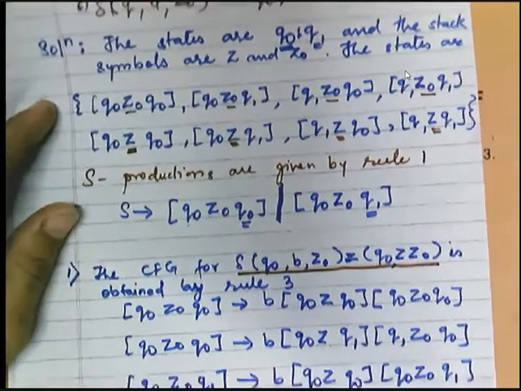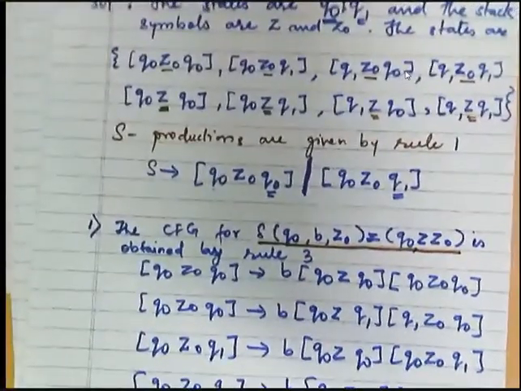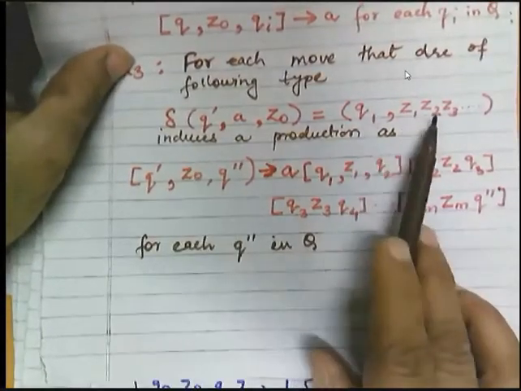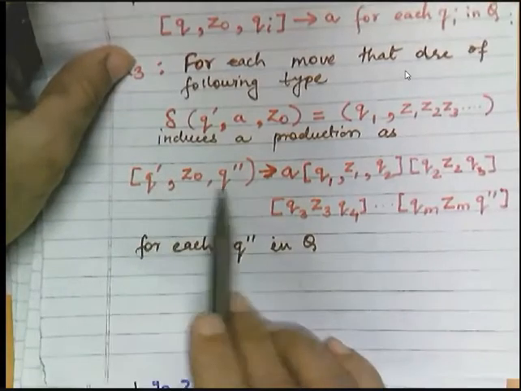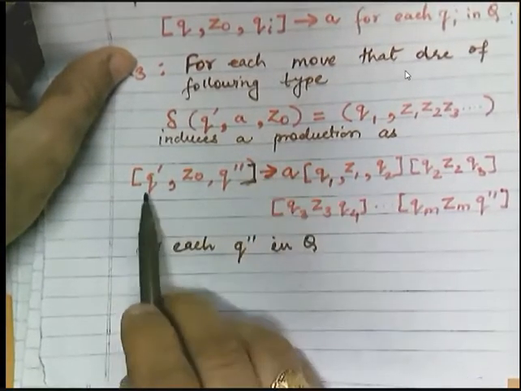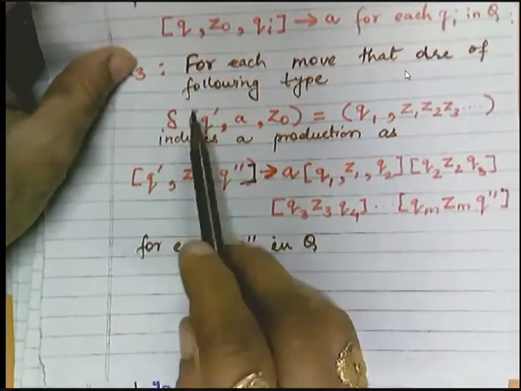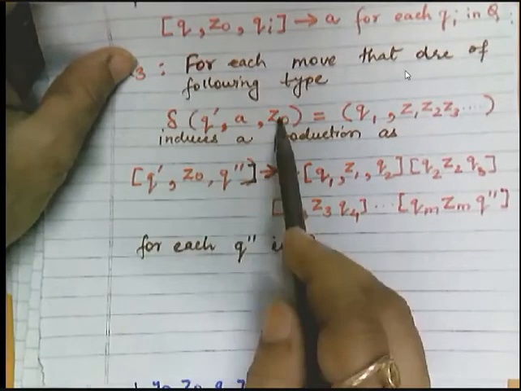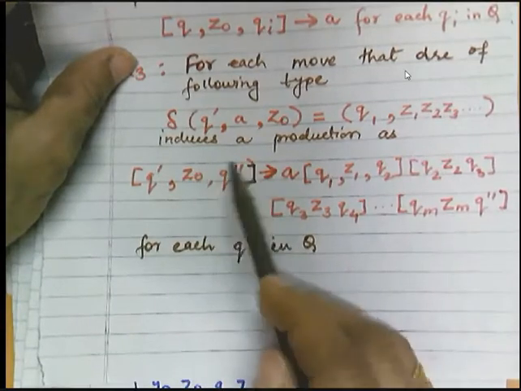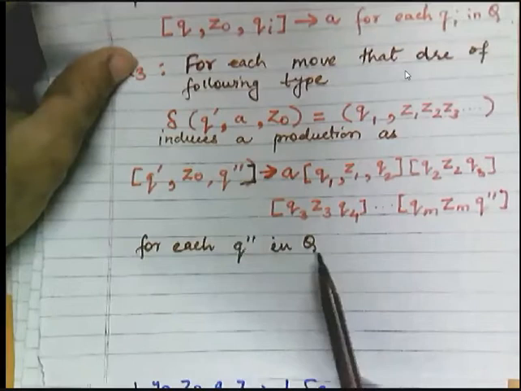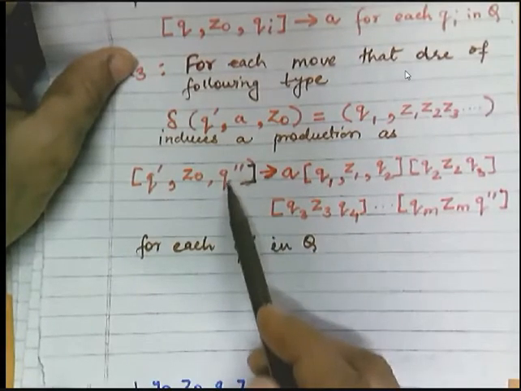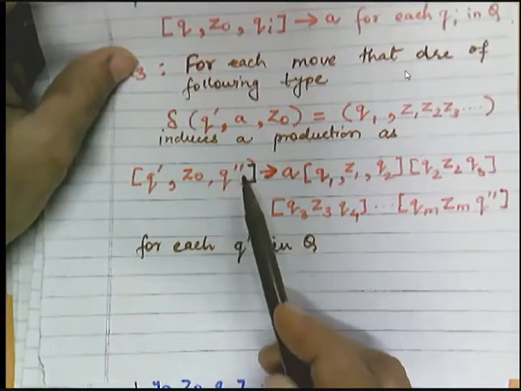So as per rule 3, what is our rule 3? Our rule 3 says that if this is the kind of production, then we have to write the production in this form: Q dash, Z0. Q dash is coming from here, Z0 is coming from here, and Q2 dash will be all states in Q. So here we need to take all the combinations, that is Q0 and Q1.